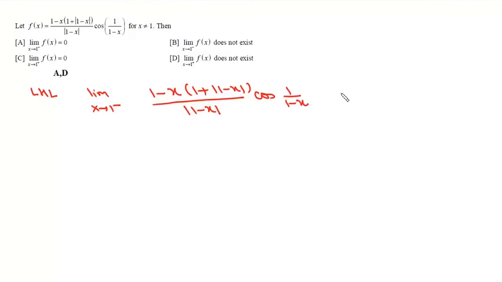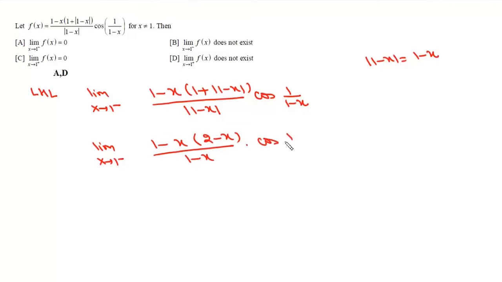Now when x is less than 1, then |1 - x| will be simply 1 - x. So we write this as the limit x tends to 1 negative (1 - x)(2 - x)/(1 - x) into cos(1/(1 - x)).